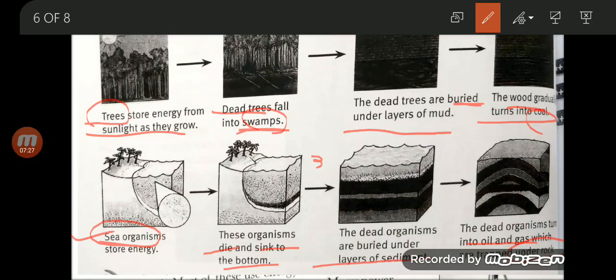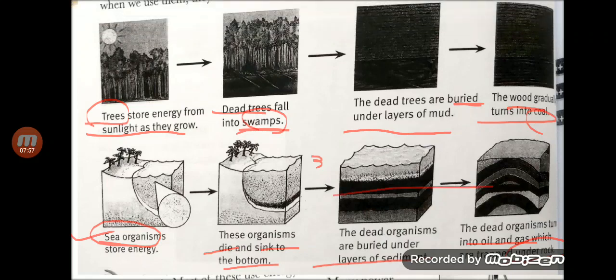Coal is done, now remaining are oil and gas. Sea organisms are also a store of energy. They die and sink to the bottom. Then layers of sediments settle on them and they are gradually converted into oil and gas.